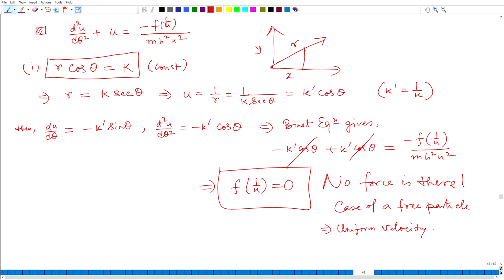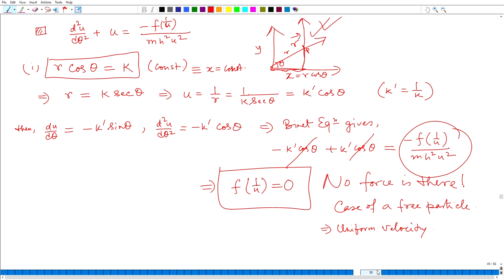So, this is r, this is θ, and this is r when the particle is here at P. So this part is r cos θ, so x is equal to r cos θ. So r cos θ equal to constant is equivalent to x equal to constant. So the particle is moving parallel to the y axis with some constant x, and that is nothing but a straight line, and this is possible when the particle is subject to zero force.